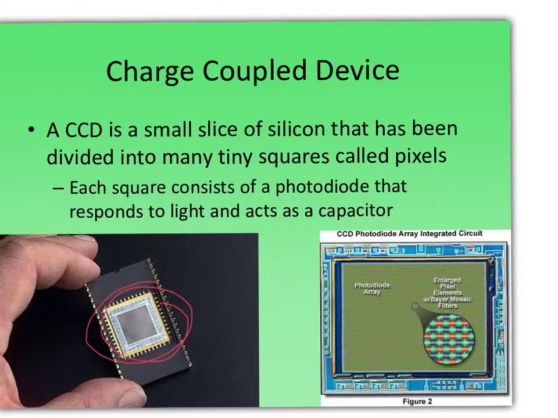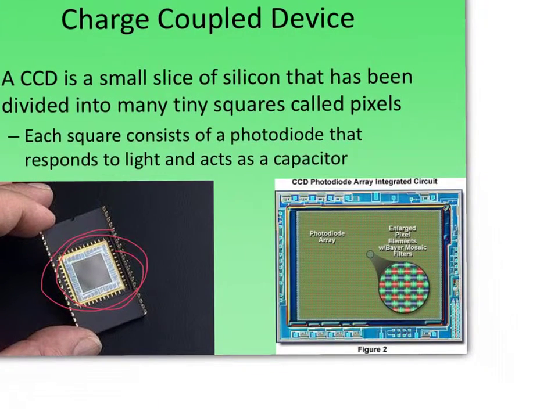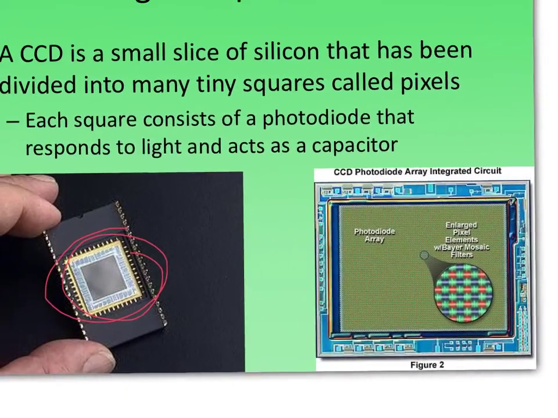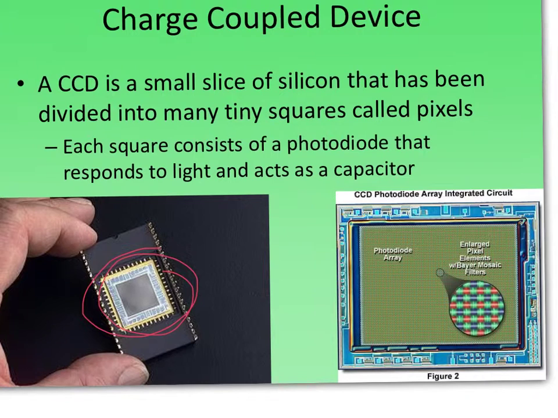Within that CCD, there are a whole bunch of tiny squares that we call pixels. And those pixels are made up of a photodiode. That photodiode absorbs light, it absorbs electromagnetic radiation, and it acts like a capacitor.